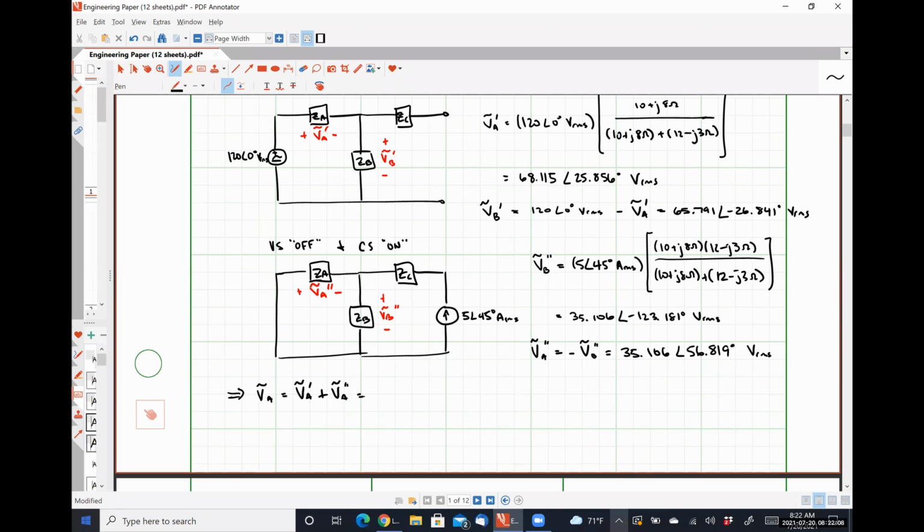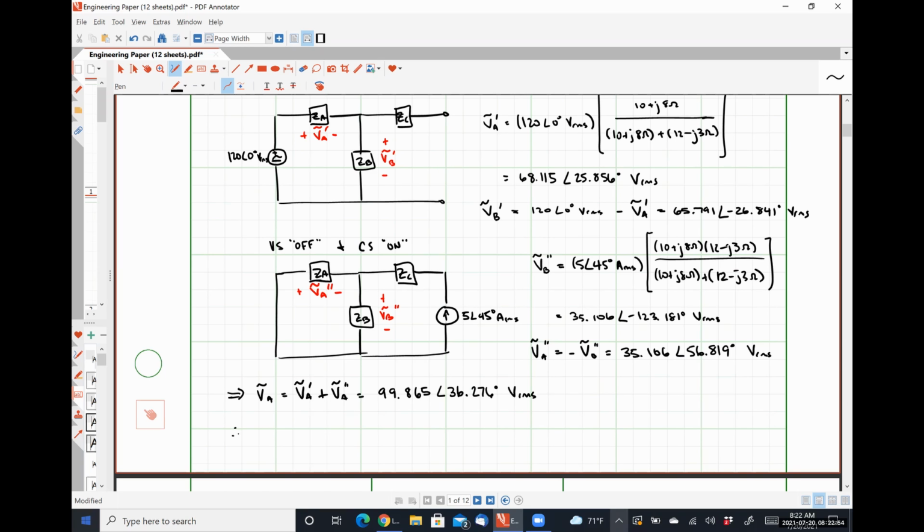So that's going to be 68.115 angle 25.856 plus 35.106 angle 56.819, or 99.865 with an angle of 36.276 degrees volts RMS.